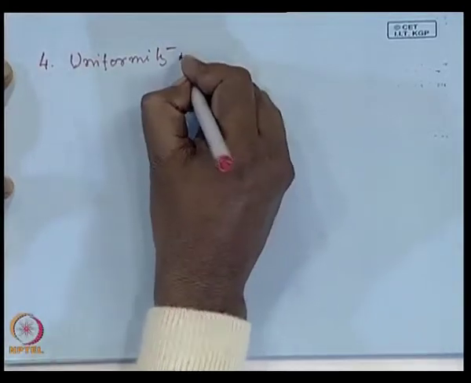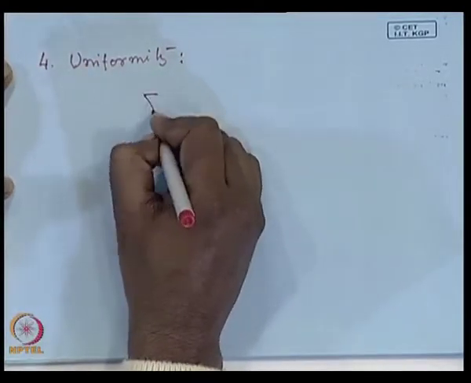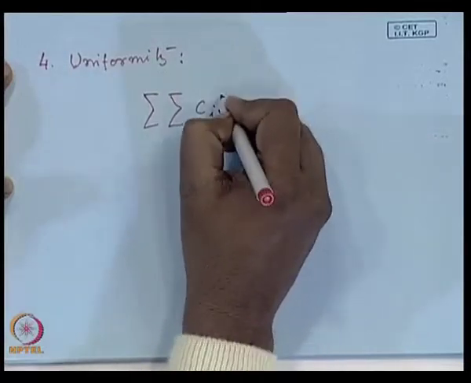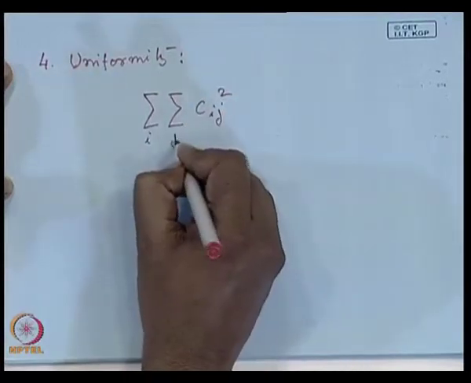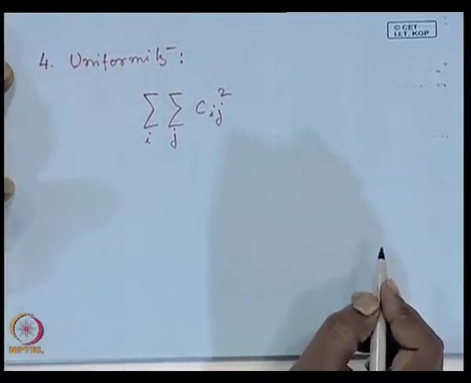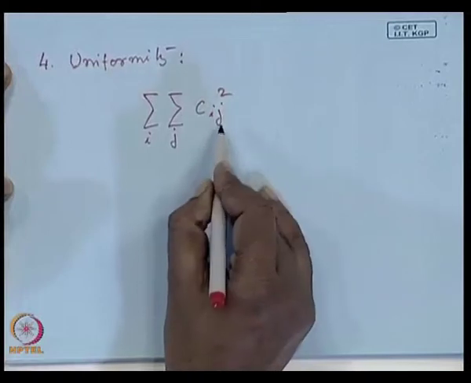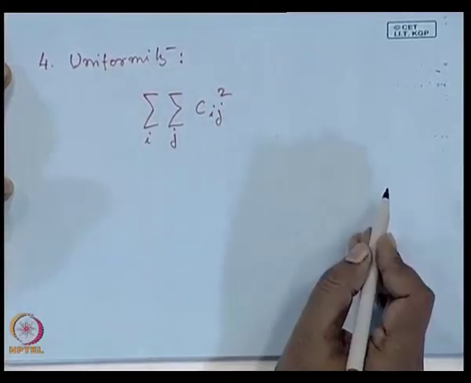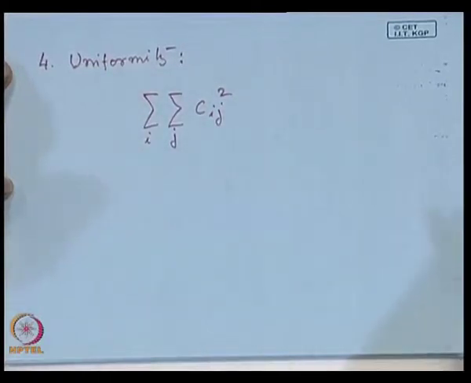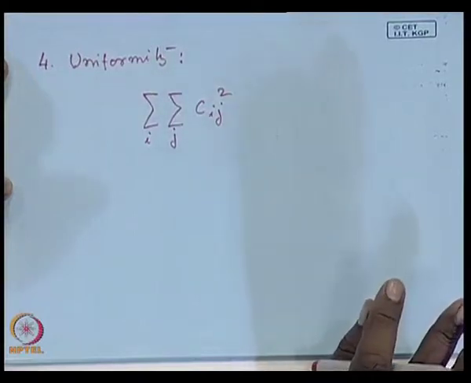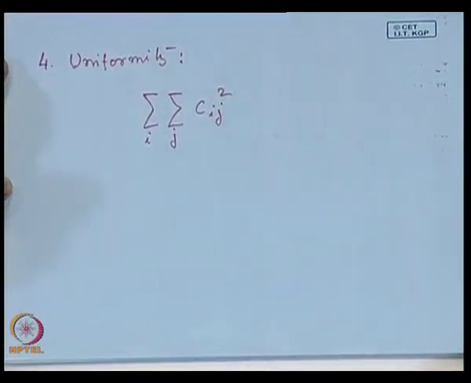Uniformity is simply defined as the summation of C I j square over I and j. You will find that this value will be high if all the C I j's are similar or the same. That means all the intensity pairs are equally likely within the given image. So, that becomes a regular pattern.